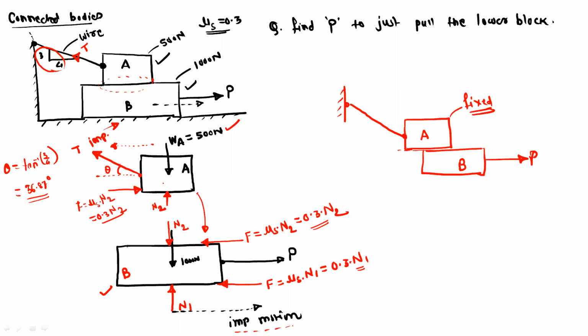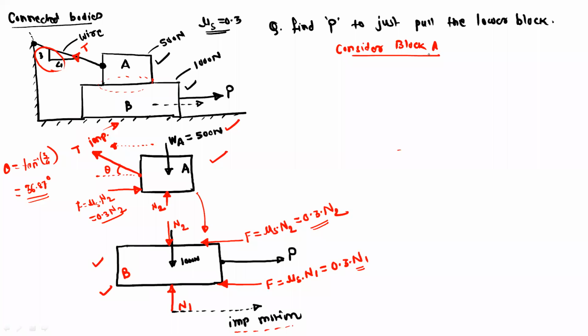Now you can use the conditions of equilibrium for block A and block B. We have to consider block A first, and then go for block B. What is the reason? In the free body diagram for block A, we have tension T as unknown and normal reaction N2 as unknown, so only two unknowns.